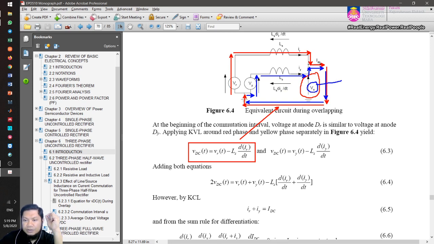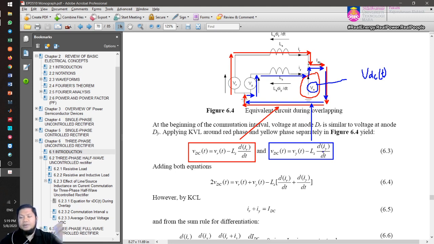So this is also VDC, the output voltage. So you have the second equation from this loop. Then adding both equations, you get 2 VDC equals VR plus VY minus Ls d(IR plus IY) over dt.